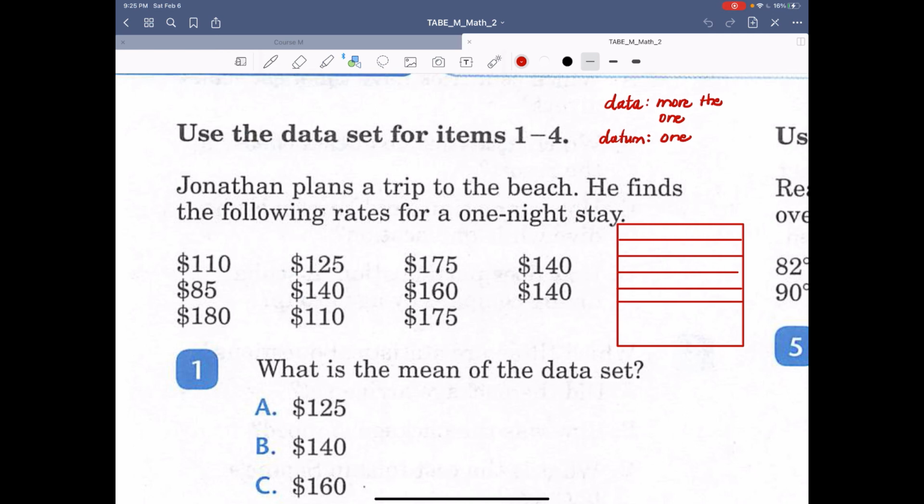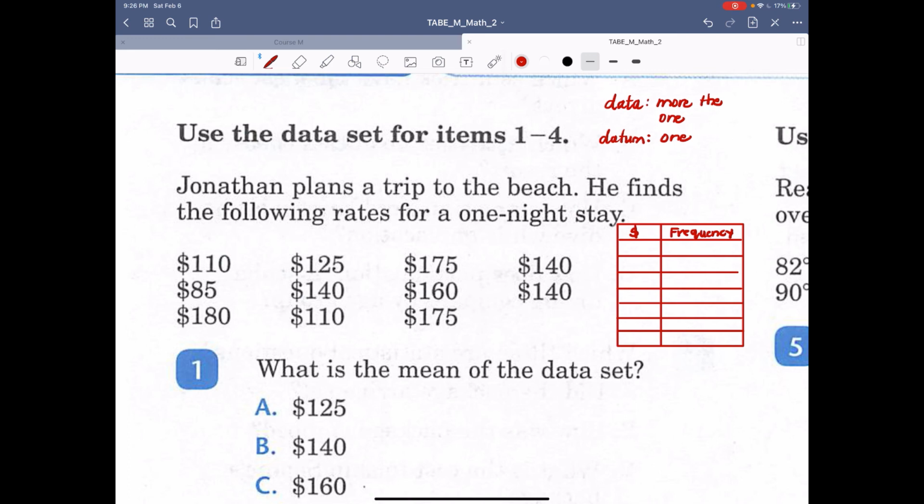And sometimes, especially in a math book, it's the organization that gets us confused. So, this is a frequency table. And in this one, I'm going to put the dollar amount and then the frequency. Now, we talked in the last video, if you see the word frequency, you're looking at statistical data.